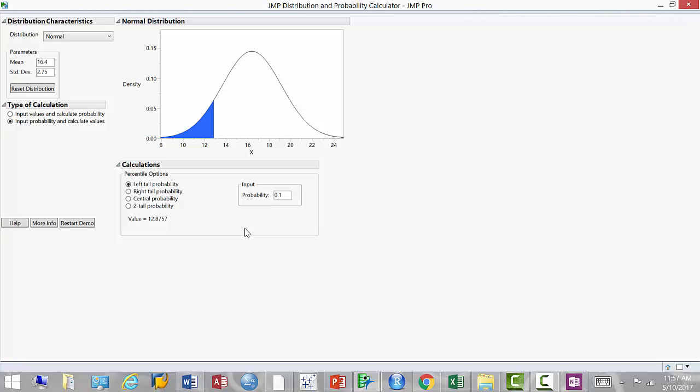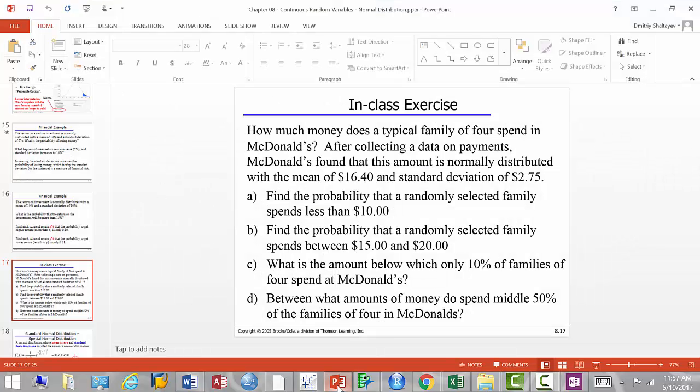Make sense? And the last question, I believe, was about what your most typical customer is spending. So 50% of families in the middle. To rephrase that in terms of percentiles or quartiles, what am I looking for?